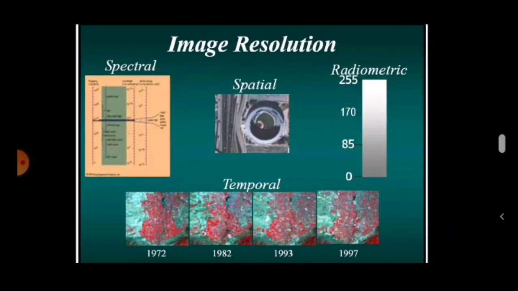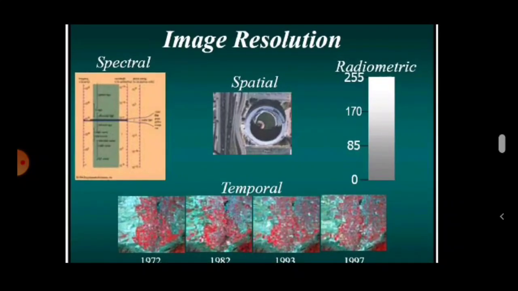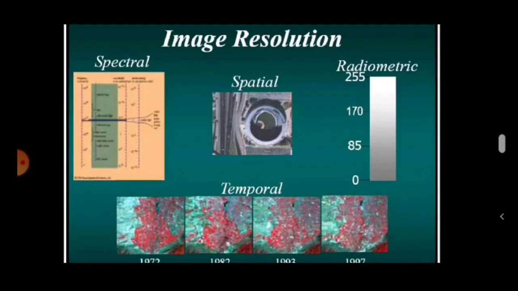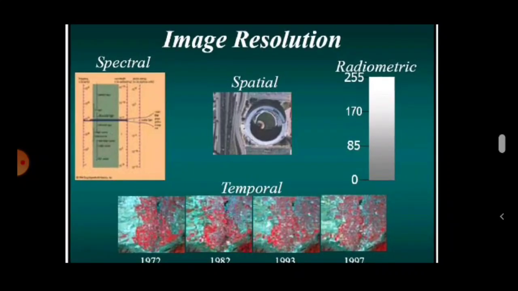Simply, image resolution in remote sensing is defined as the ability to render information from a remote sensing image at the smallest discretely separable quantity.